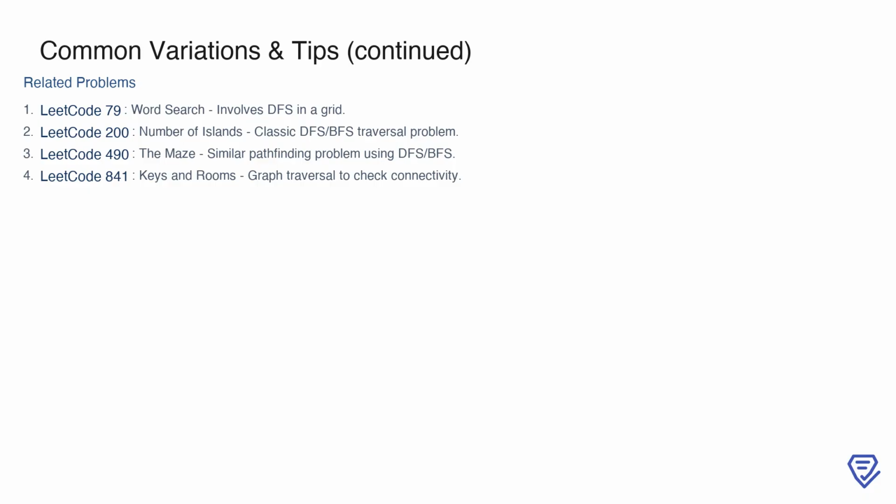LeetCode problem 490, the maze, is perhaps the closest in nature, as it also focuses on pathfinding using DFS or BFS. Finally, LeetCode problem 841, keys and rooms, involves graph traversal to check connectivity, which is another useful skill in this context. By practicing these problems, you'll gain deeper insights into grid and graph traversal and become more adept at identifying shared patterns and techniques.